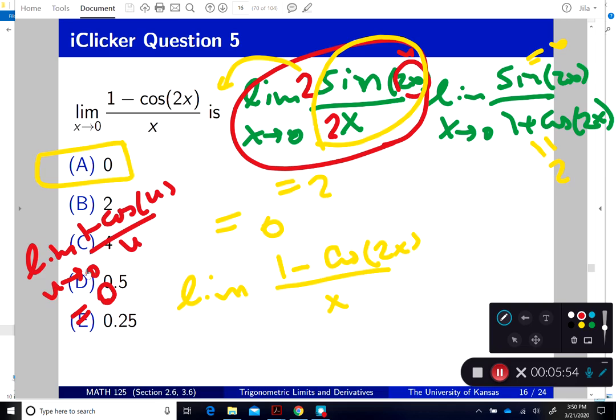If I had remembered that one, I could have said, okay, let's make sure this is u, so I multiply top and bottom by 2. Then as x approaches 0 this becomes the limit of 1 minus cosine of u over u as u approaches 0, times 2, and it's going to be 0 again.